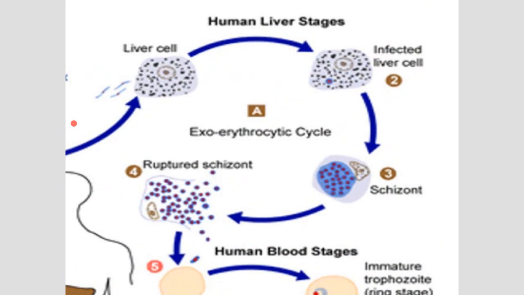So the moment you get this mosquito bite, the malaria's very first stage is going to go for the liver, right? It's going to infect the liver, right? And then the first cycle it goes through is in the liver.